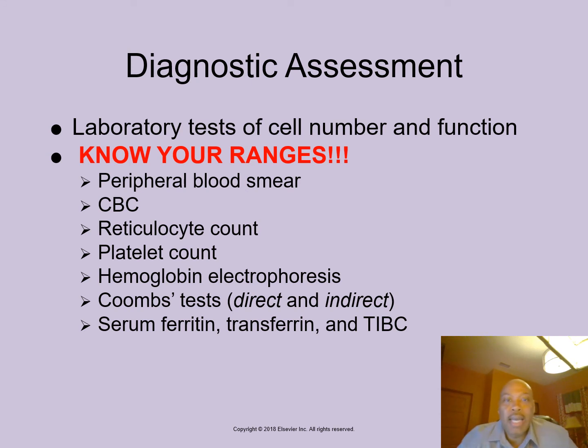The reticulocyte count looks at bone marrow function. Reticulocytes are immature red blood cells with a nucleus. If a patient has too many, it indicates that the bone marrow is releasing them before they mature, which the bone marrow shouldn't be doing. Also, we're looking at the platelet count, or the thrombocyte count.